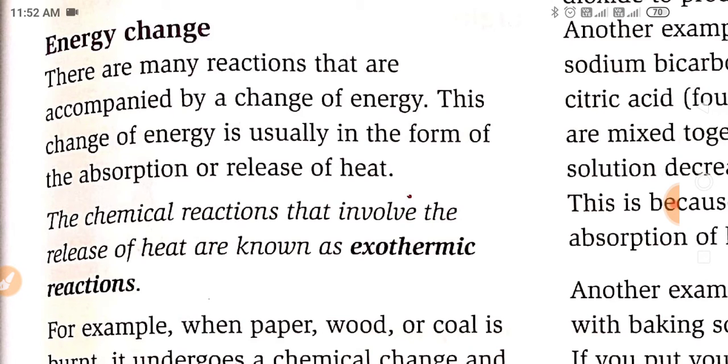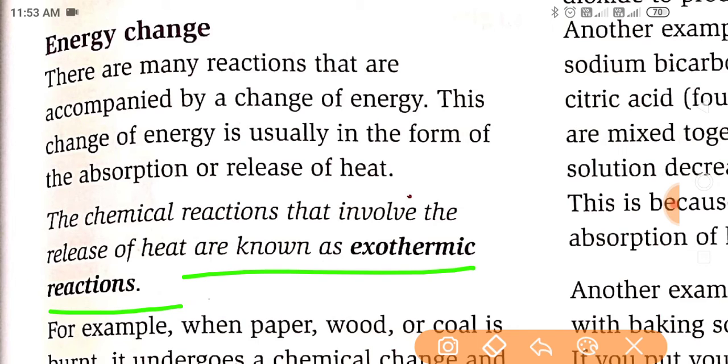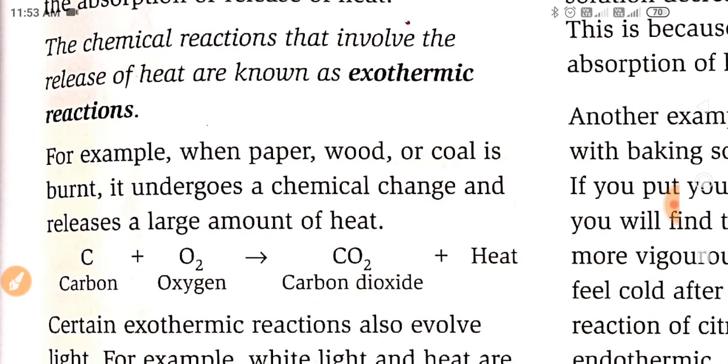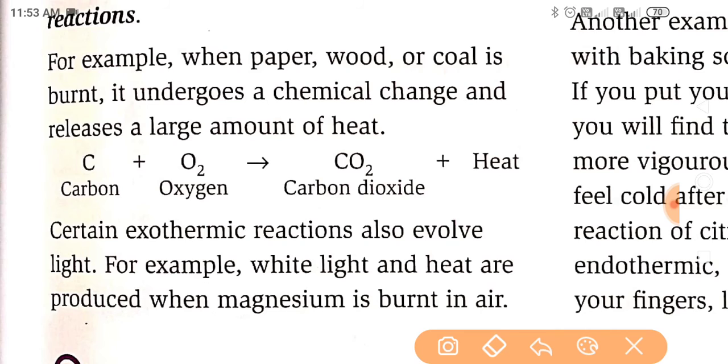Energy change. There are many reactions that are accompanied by a change of energy. This change of energy is usually in the form of the absorption or release of heat. Reactions that involve the release of heat are known as exothermic reactions. For example, when paper, wood or coal is burnt, it undergoes a chemical change and releases a large amount of heat.